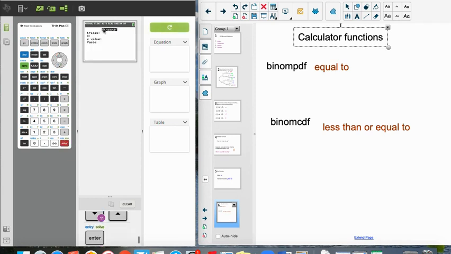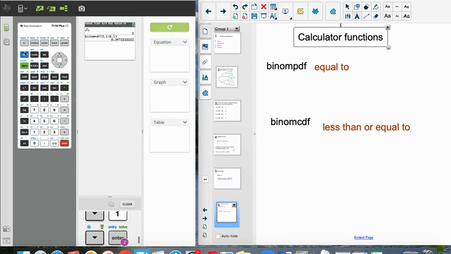If you pop that up, it'll ask for the number of trials. So let's say 3. Rolling a die 3 times, probability of success is 1/6. And we want 1 success. So then you get your probability.